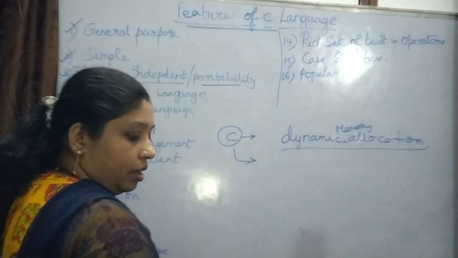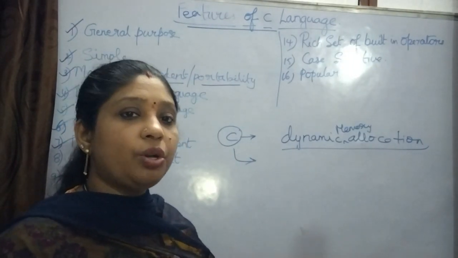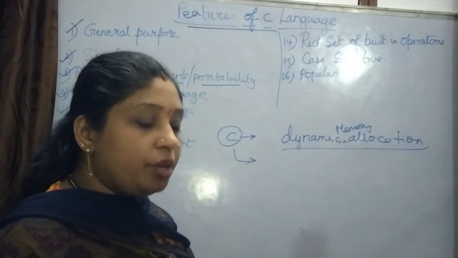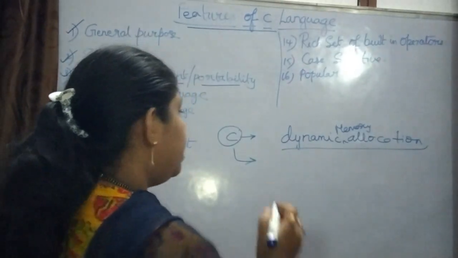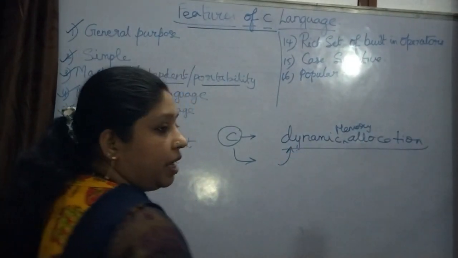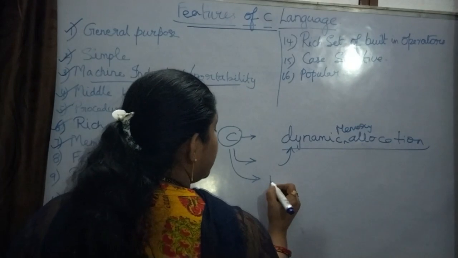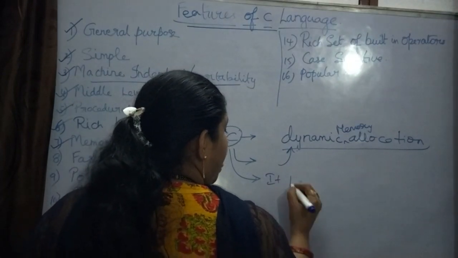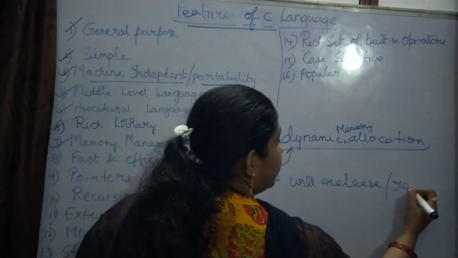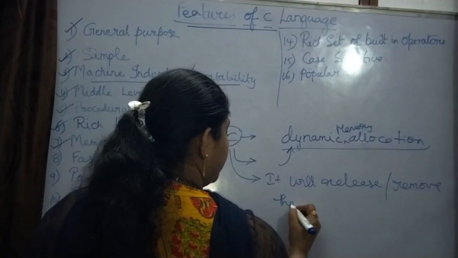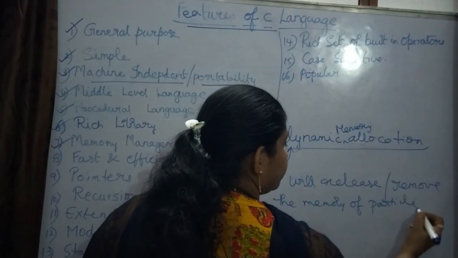For example, you are running the program. At that moment, suppose you want to remove or release the memory of a particular variable. Because of dynamic memory allocation, this concept in C will release or remove the memory of that particular variable.